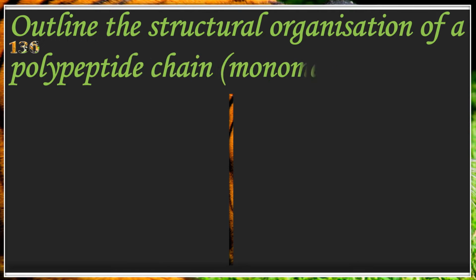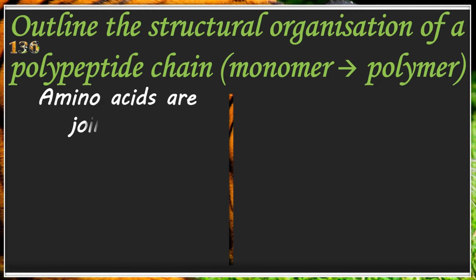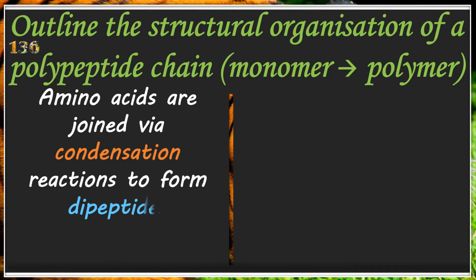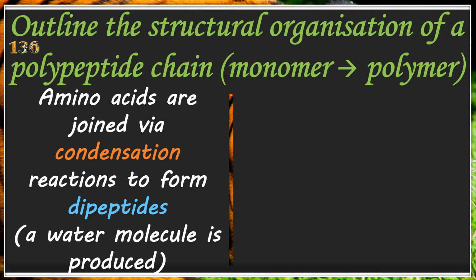Outline the structure organization of a polypeptide chain, that is from the monomer to the polymer. Amino acids are joined via condensation reactions to form dipeptides, and a water molecule is produced.